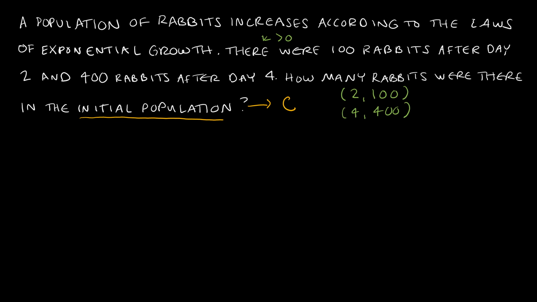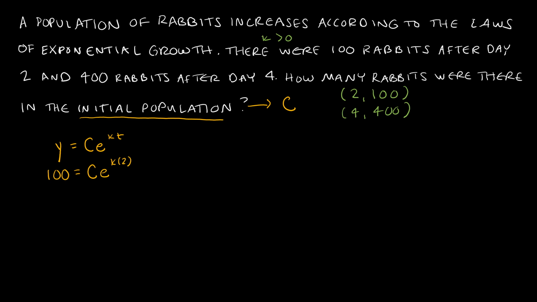And again, I'm going to be using that same exponential growth model, y equals c e to the kt. I'm not going to know c until the very, very end, but I can start solving for some other values. So let's plug in (2, 100). So 2 is t and 100 is y. So 100 equals c e to the k times 2. Again, t is 2.